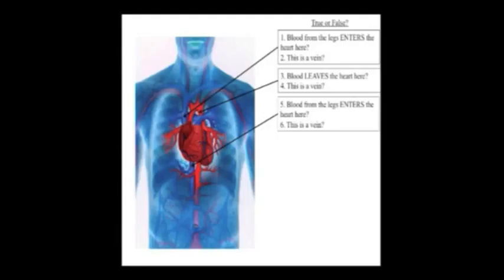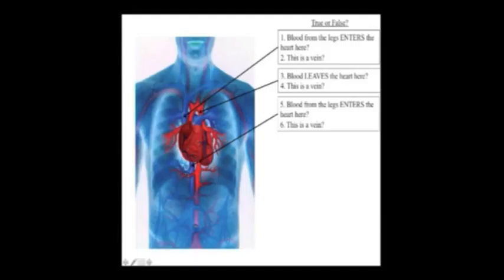Since we've already seen that blood enters the heart through veins, it's most likely that the same structure is not going to cause blood to leave the heart. So number 4 is actually false. This structure is actually called an artery. Anytime blood is going away from the heart, it's going to be through an artery. The final two questions, 5 and 6, center around this blue structure to the bottom left of the heart.